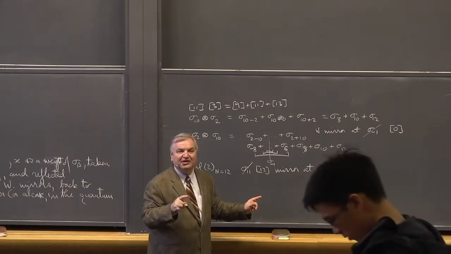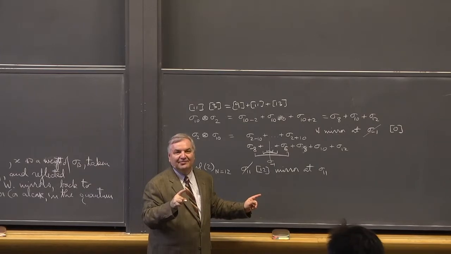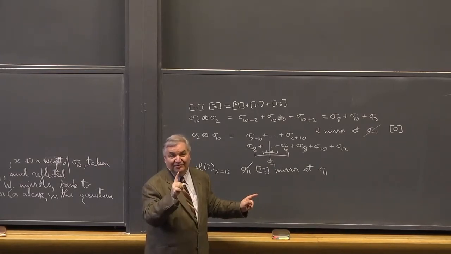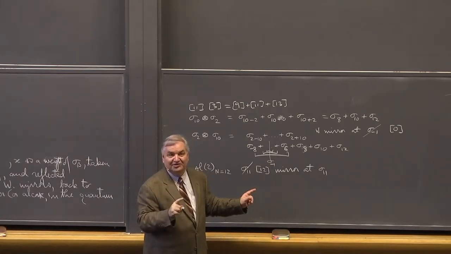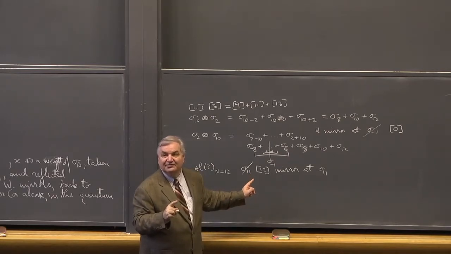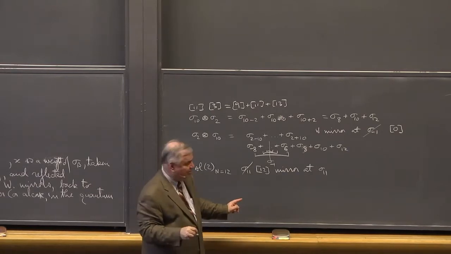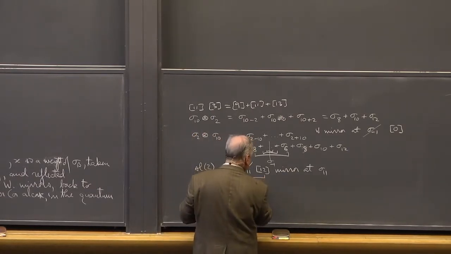It's the difference between the unit for addition and the unit for multiplication. So this 1 here is what? The Weyl vector rho. Yes, so the difference here is the Weyl vector rho.